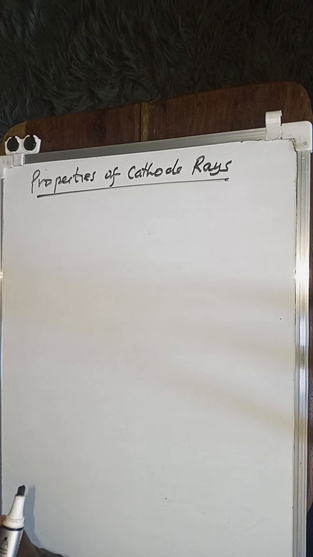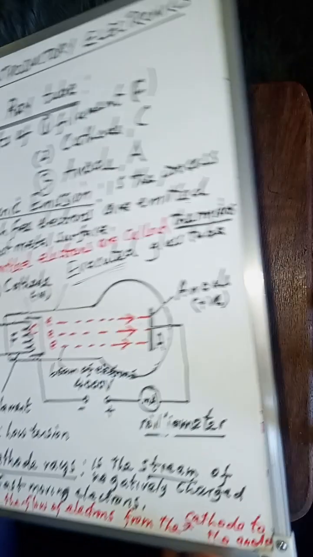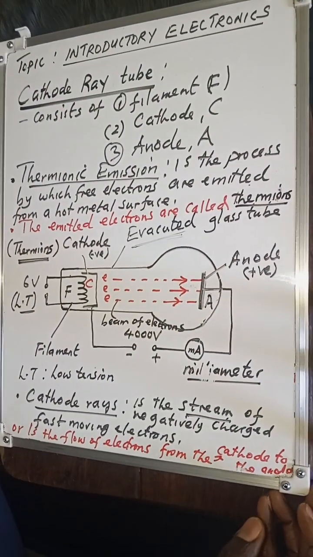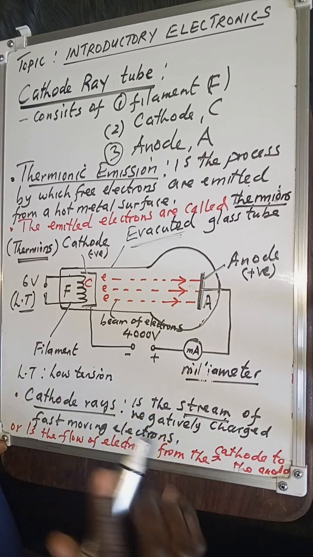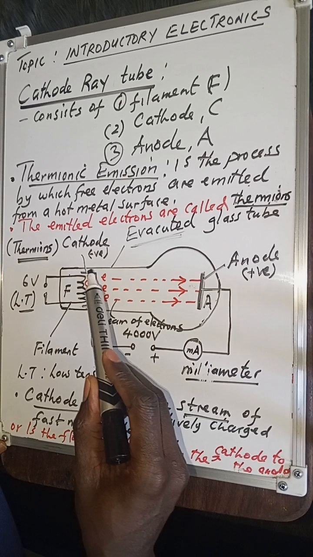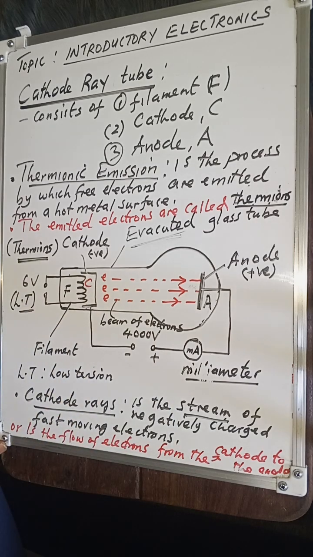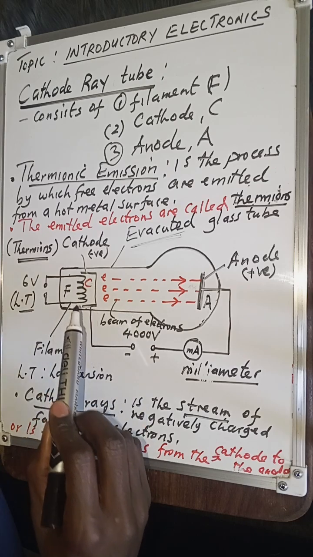Well, there are so many properties, but I want to make this point clear again: the cathode sometimes can be coated with barium or strontium oxide. That is what you need to remember.